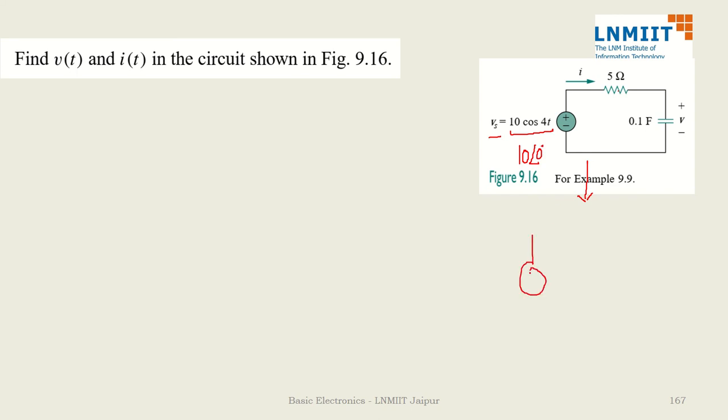Okay, so I redraw my circuit with a source of 10 angle 0. If there is angle 0, you can simply write it as 10, that is also fine.